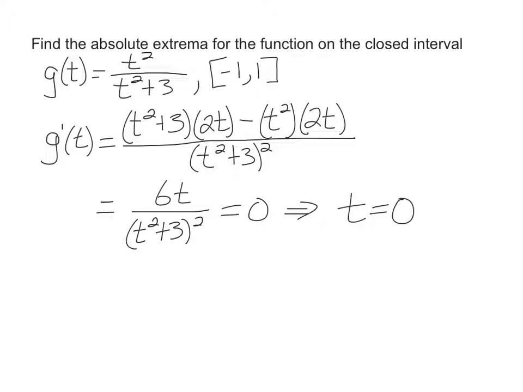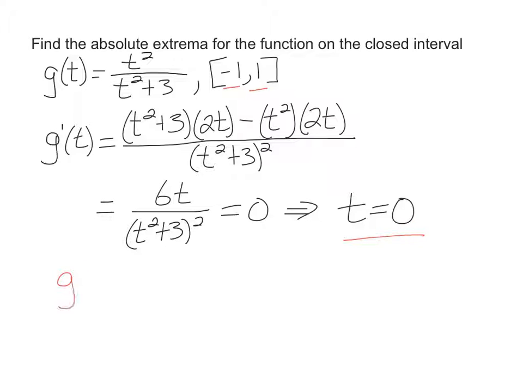Now that we have all of the critical values, being t equals 0, we will check that critical value and these endpoints in the original function to see what the max and min are. And it's good to note here as well that this 0 value is inside this interval, so yes, we need to check this 0.